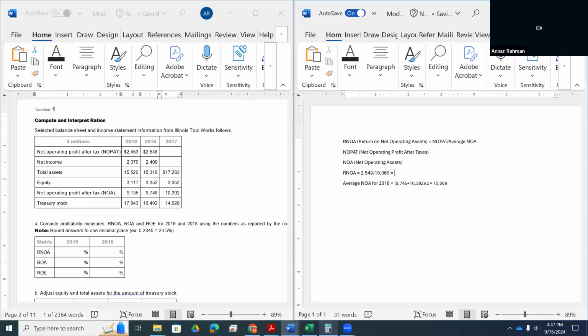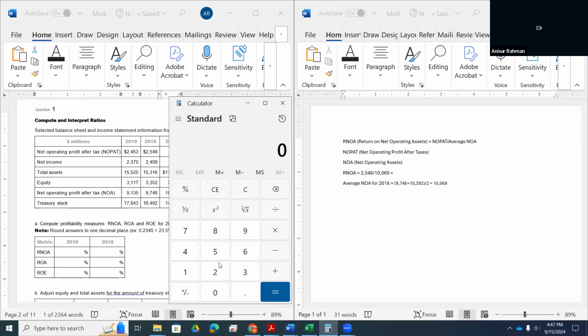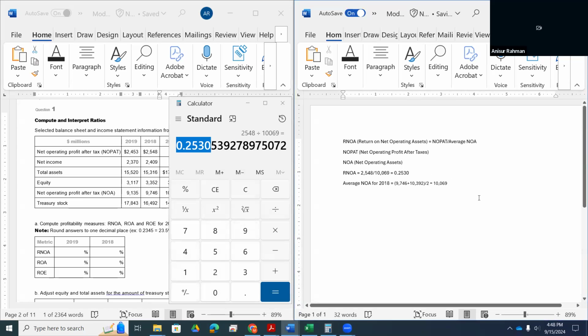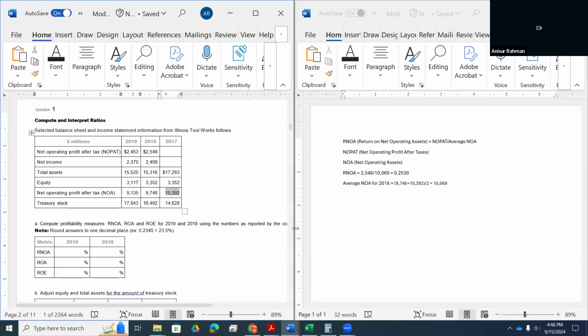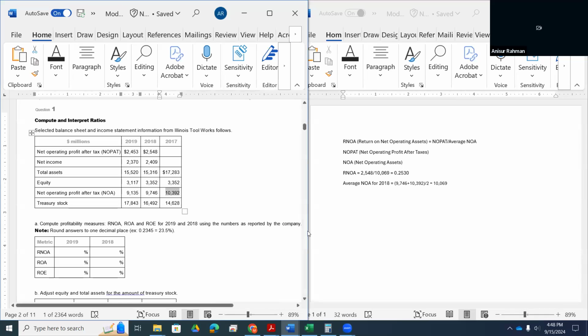And we will get... The question is telling us to round answers to 1 decimal place.